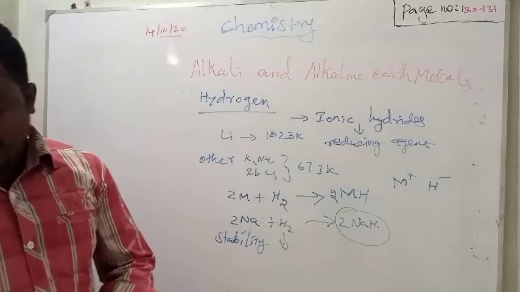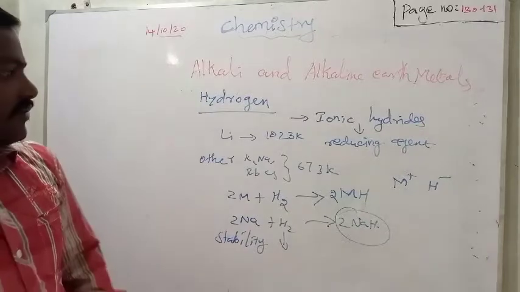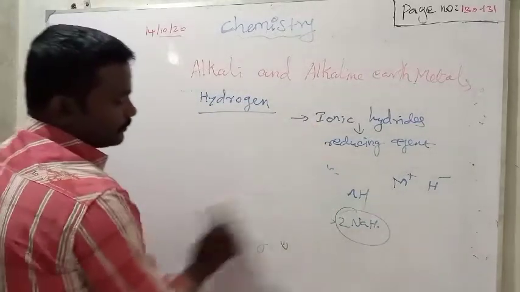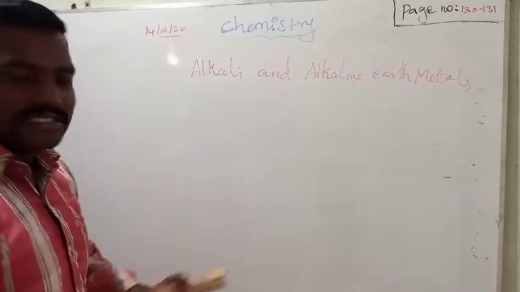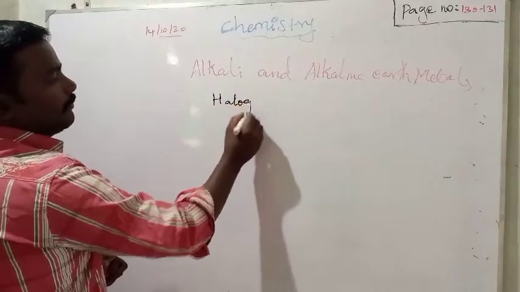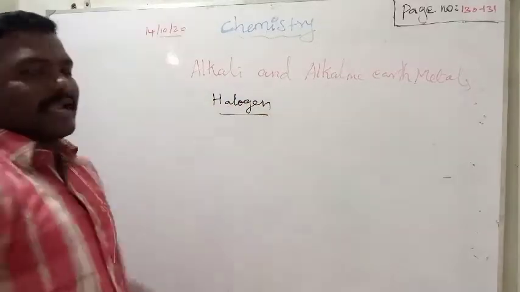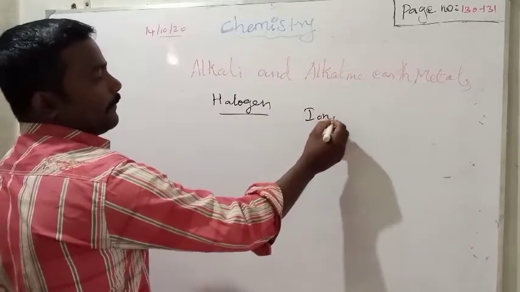Then reaction with halogens. How do the alkali metals react with halogens? As usual, halogens are electronegative elements, so they will react easily. The metals give ionic halides.